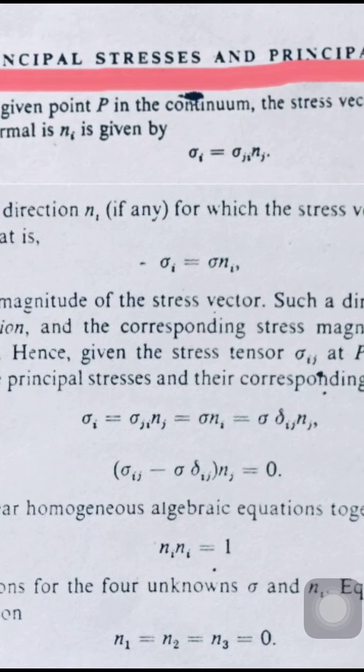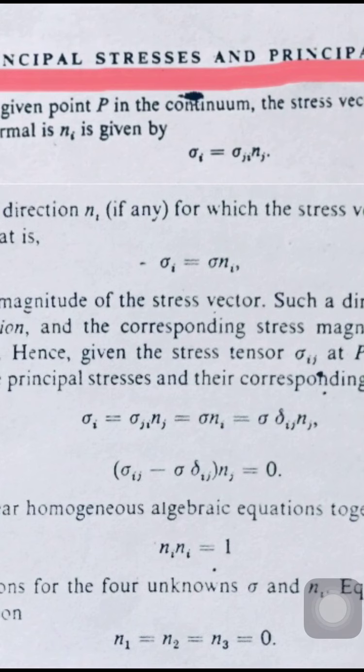We need a direction, if it exists, for which the stress vector will be normal to the area surrounding the point P. In such a case, the stress vector can be written as sigma_i is nothing but sigma n_i, by the definition of normal. So this is the second form, if the n_i direction exists, in the normal direction of that area.